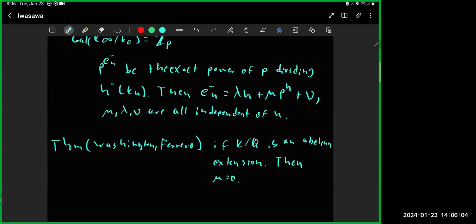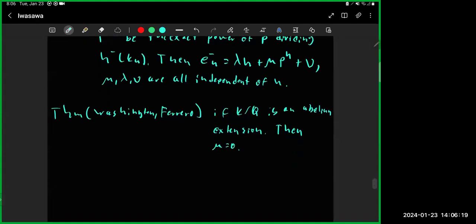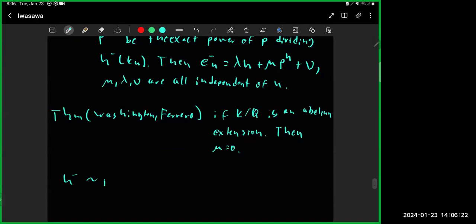It's the most non-trivial thing you'd probably read in a single day, but it's incredibly powerful. It essentially says that in the tower of fields for abelian extensions, instead of having growth of h minus that goes like p to the p^n, it's actually reduced to just p to the n, like exponential growth, not super exponential growth, so that we don't have to deal with incredibly huge numbers when doing these calculations numerically.